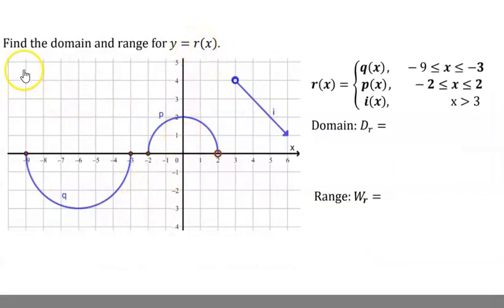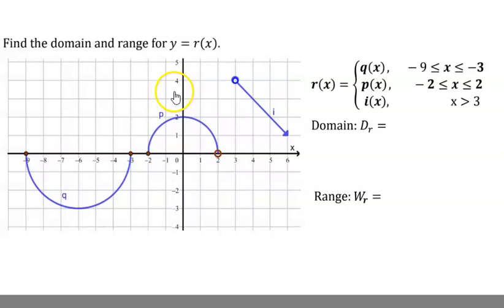If we do a vertical line test, we see that because it's just semicircles and a straight line, the vertical line will cut this image just once for each x value. So each x value only has one y value.